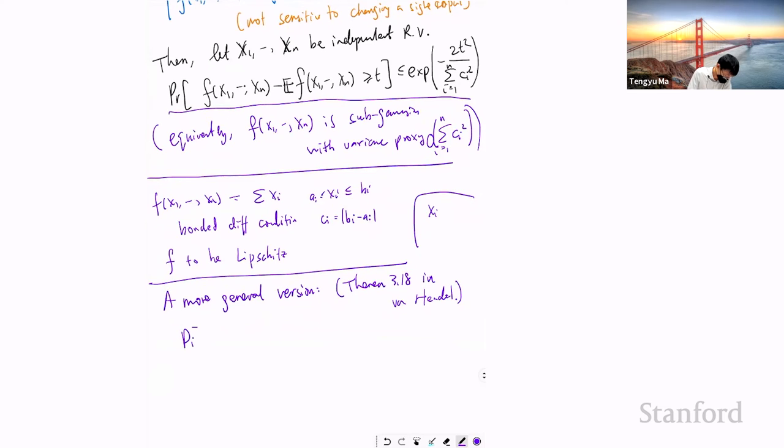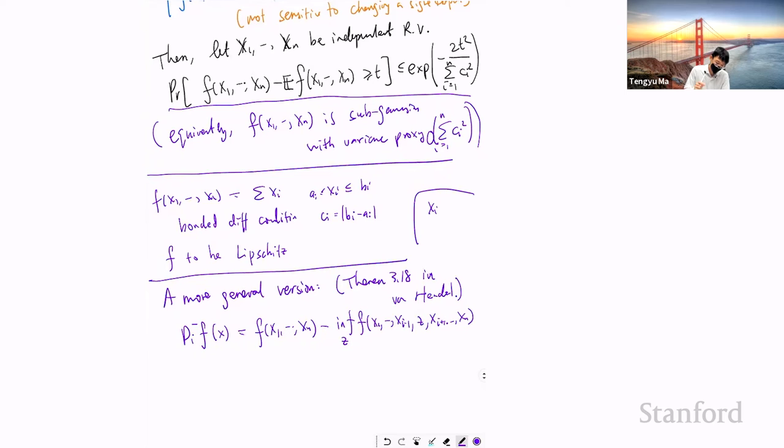This is d minus i. Let's define this to be f(x1, up to xn) minus the inf over z of f(x1, up to x_{i-1}, z, up to xn).